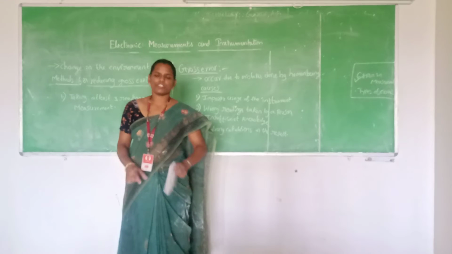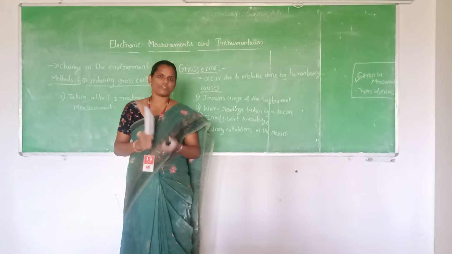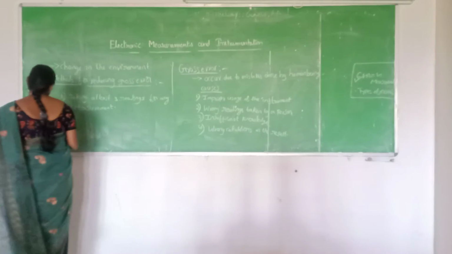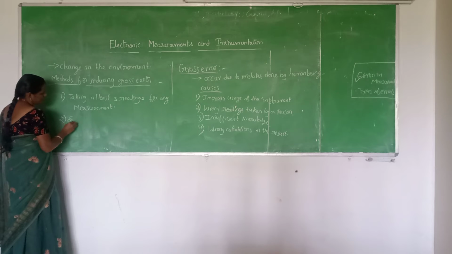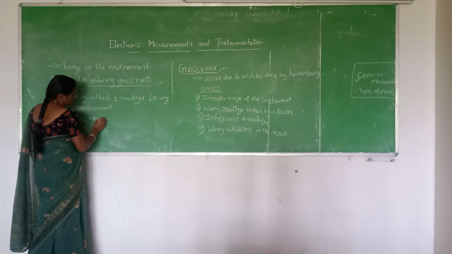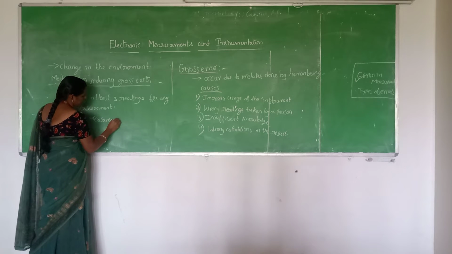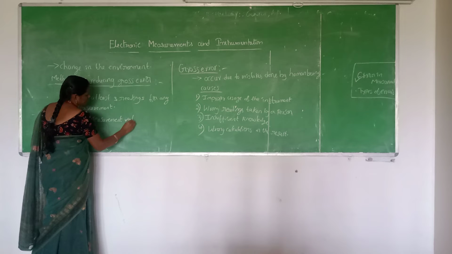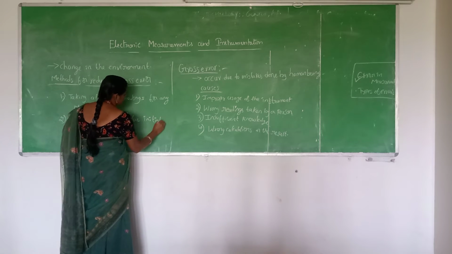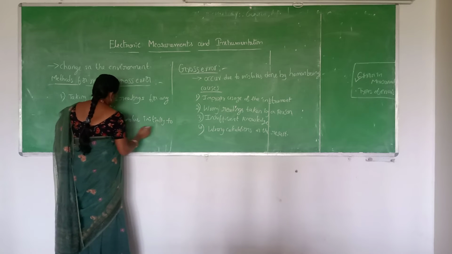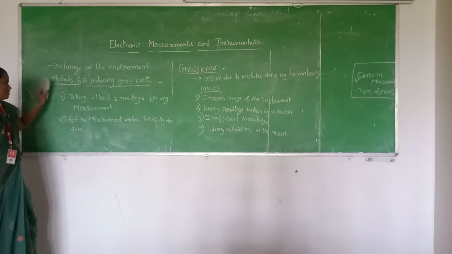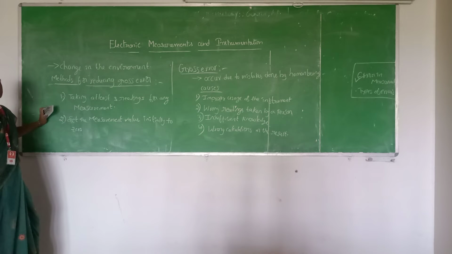Before taking the measured values, we have to set the instrument to 0 value. Then only we have to take the reading. So set the measurement value initially to 0 before starting the measurement process. By using these two methods, we can reduce this gross error.